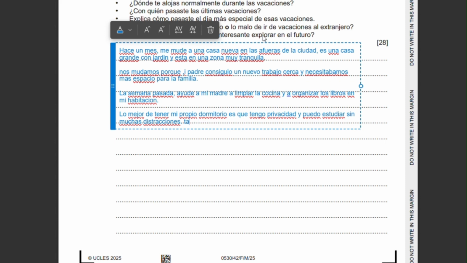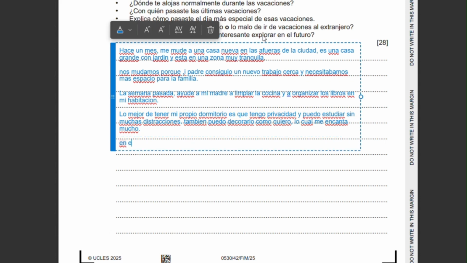También puedo decorarlo como quiero, lo cual me encanta mucho. ¿Sí?